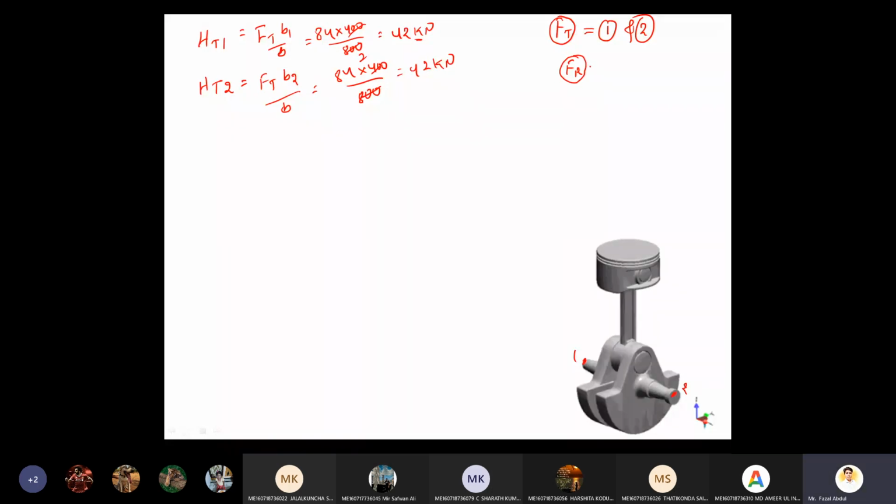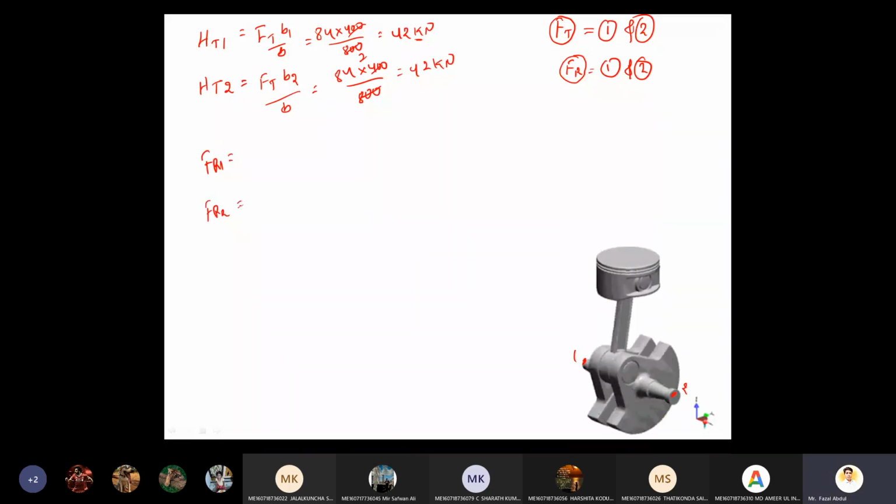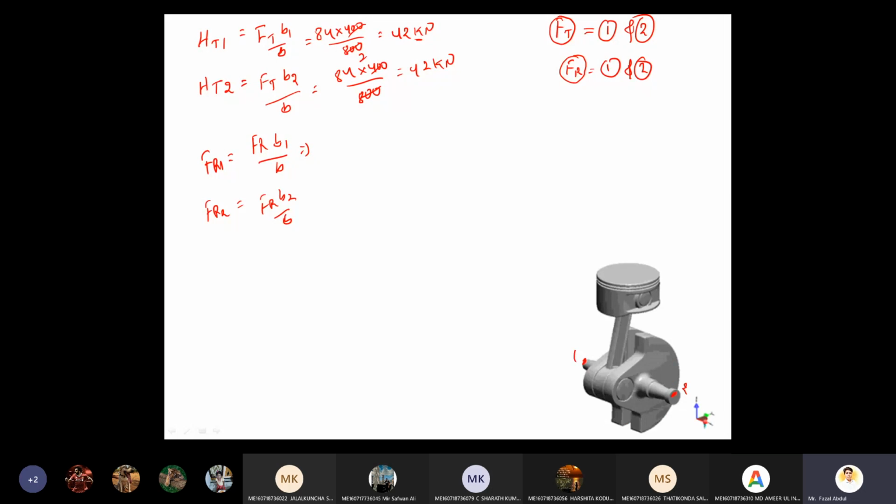This Fr force acts at bearings 1 and 2 in the same manner as in the previous case. What are those? Fr1 and Fr2. Fr1 is the radial force at the first bearing, that is Fr into B1 by B, and Fr into B2 by B. Because B1 and B2 are the same values and B is the same value, both will get the same answer.